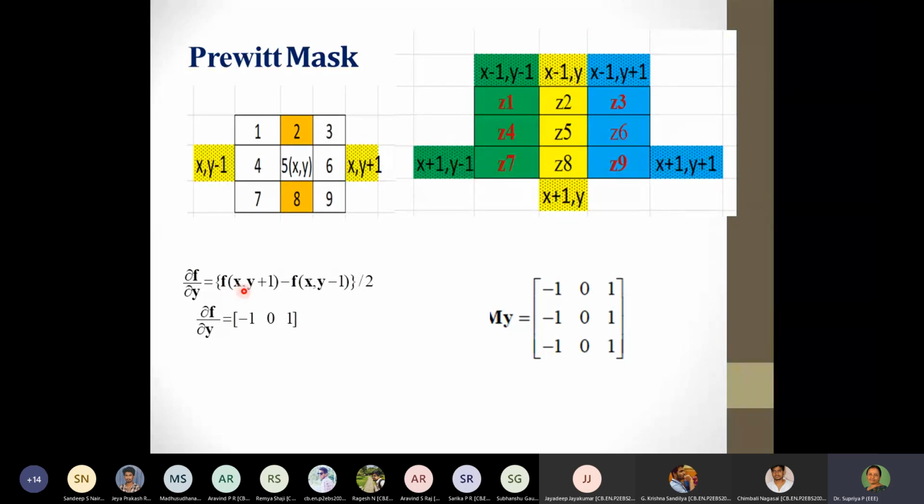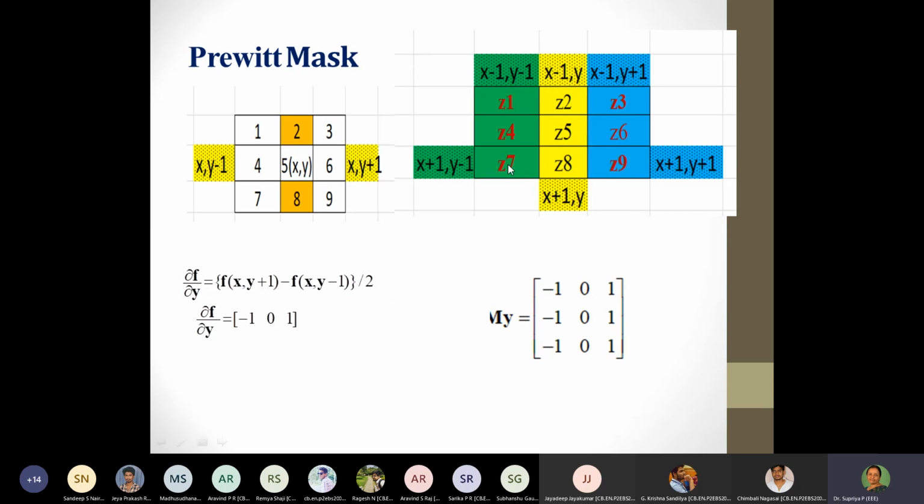As can be seen here, the expression will be dou f by dou y, f of x plus 1, y plus 1 minus f of x plus 1, y minus 1. So this is minus 1, 0 and 1. The same value you will be getting.